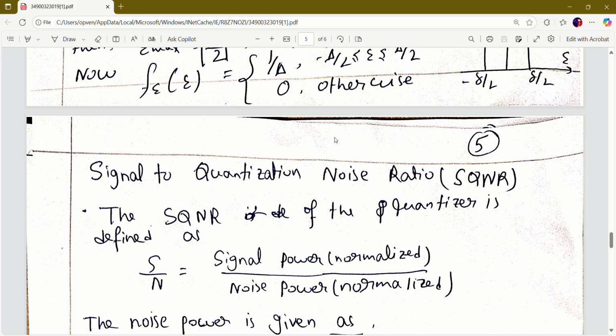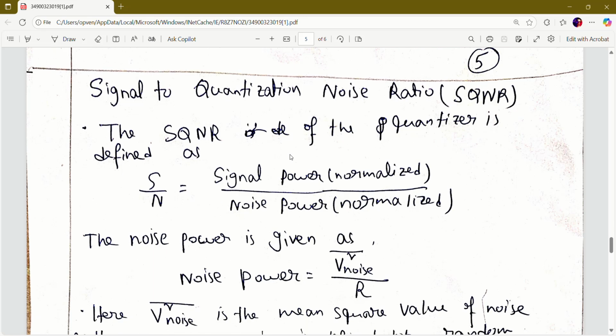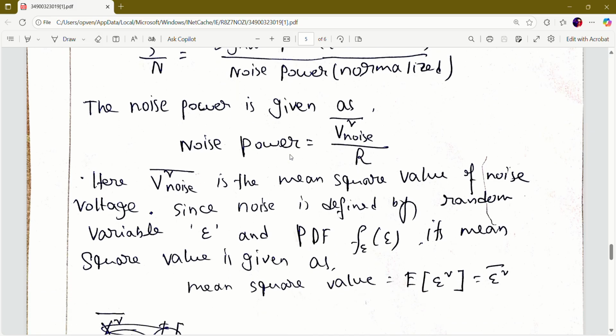Then let us talk about signal to quantization noise ratio, which is known as SQNR. The SQNR is defined as signal power by noise power. The noise power is given as the mean value of the noise voltage squared by resistance.